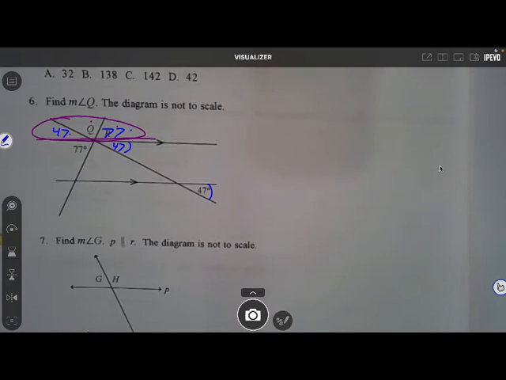You had 77 plus 47, and then subtract that from 180, yeah. You just had to use the information they gave you. That's the hardest part, is knowing, oh, that's 77 and that's 47. I just did 180 minus 77 minus 47, so instead of adding them together and then subtracting. The answer is 56.